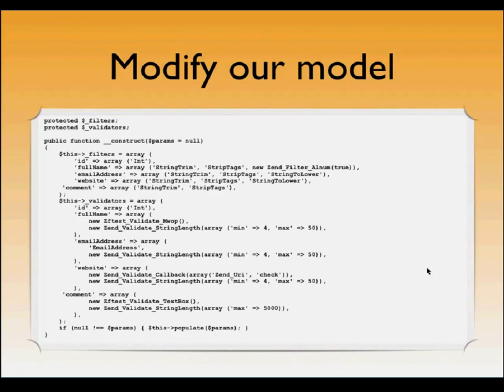So ID, full name, email address, website, and a comment. Again, also the validators. You can have the string length in it. Again, the validation of email addresses, callbacks, so you can verify URLs, and that's it. You populate it.